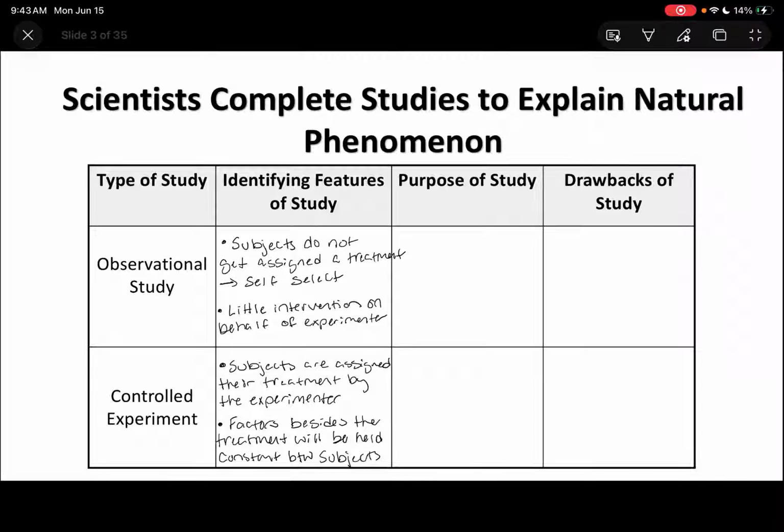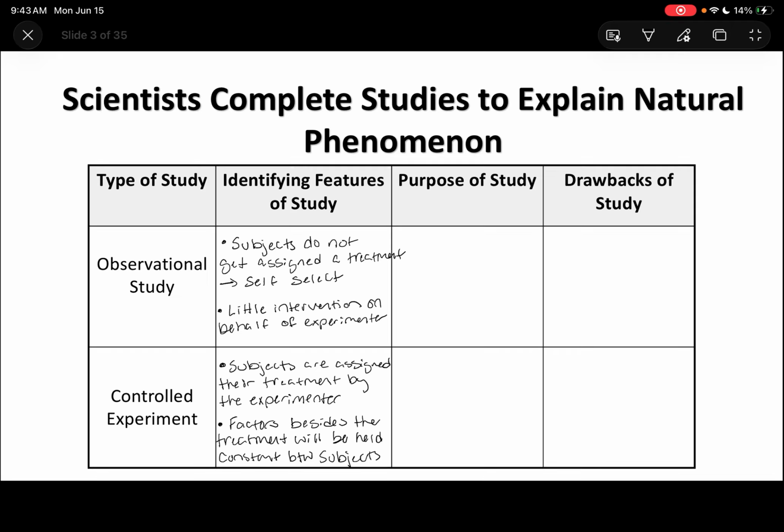So kind of the idea behind a controlled experiment is we're going to have one treatment that we allow to differ between groups. So this group gets this treatment, this group gets that treatment, and so on and so forth. And then we try to, as much as humanly possible, keep every other aspect of those subjects as similar as possible. Okay, so there's a lot of intervention on behalf of the experimenter regarding the subjects.